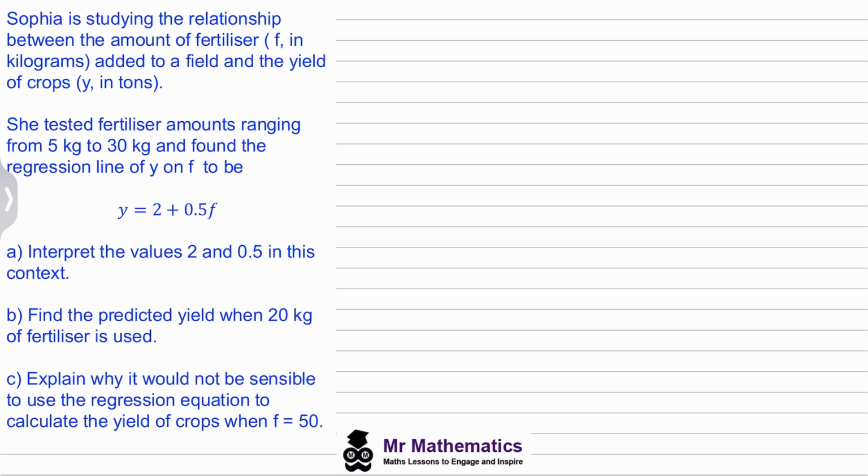Part A, we've been asked to interpret the values of 2 and 0.5 from this model. For part B, we've been asked to find the predicted yield when 20 kilograms of fertilizer is used. And then for part C, to explain why it would not be sensible to use a regression equation to calculate the yield of crops when F equals 50.